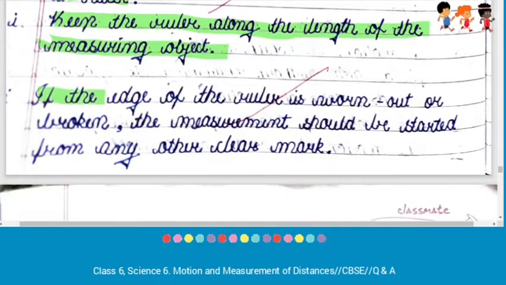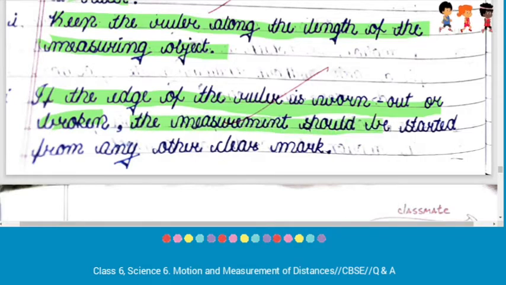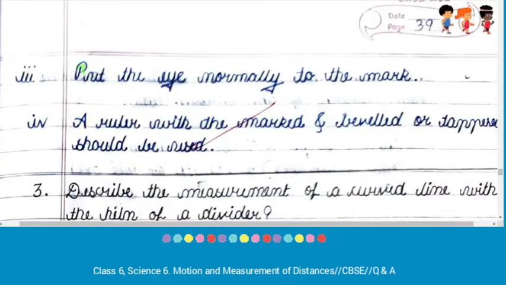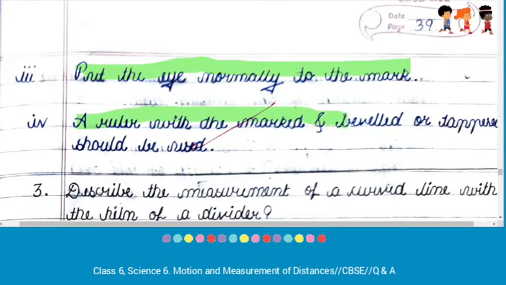Second is, if the edges of the ruler are worn out or broken, the measurement should be started from any other clear mark. So if the edges of the ruler are broken, then start the measurement with any other clear mark. Third one, put the eye normally to the mark. Fourth, a ruler with the marked and leveled or tapered edge should be used.